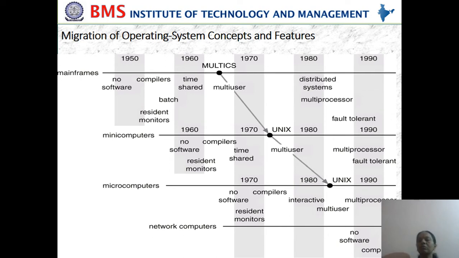And in the 1990s, along with the existing features, they added some more features for mainframe systems: fault tolerance. Means if by mistake something is unknowingly pressed, it should not delete everything we have done.